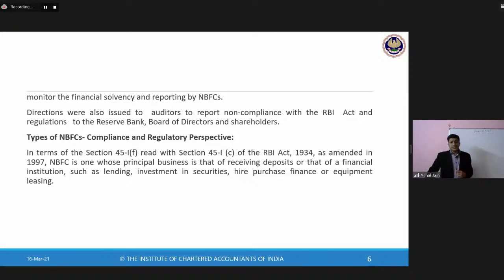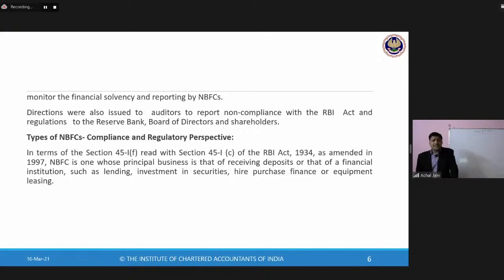So there are a lot of provisions, and all of those provisions are driven by various directions. So the word directions has been used. You can just simply understand that direction is nothing but a regulation in relation to an NBFC.